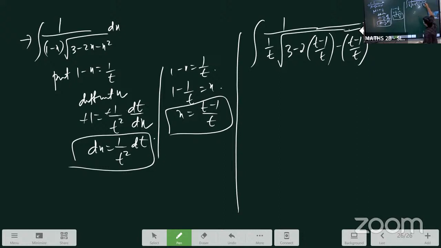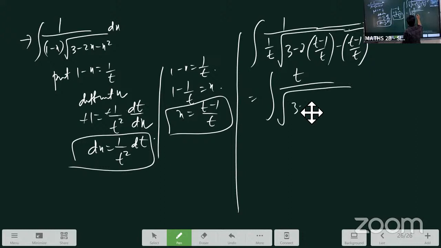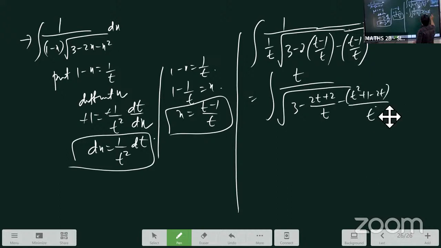And dx is 1 by t square dt. Now this t comes to numerator by under root of 3 minus 2t plus 2 by t minus of this is (t square plus 1 minus 2t) by t square, into 1 by t square dt.